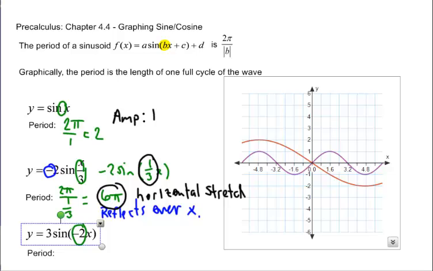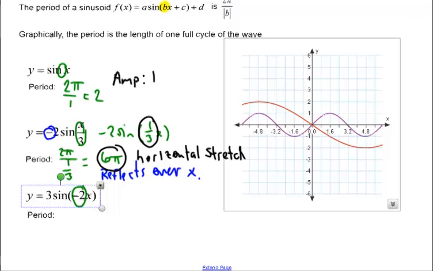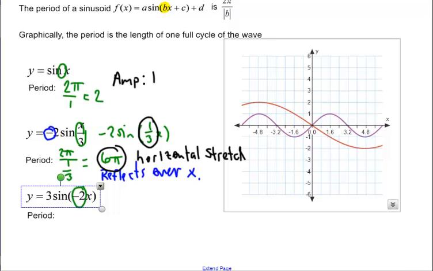What's the period of this third guy? Well, the period for this third guy is going to be 2 pi over what? 2. Not negative 2, just plain old 2. In other words, the period for this guy is going to be plain old ordinary pi.